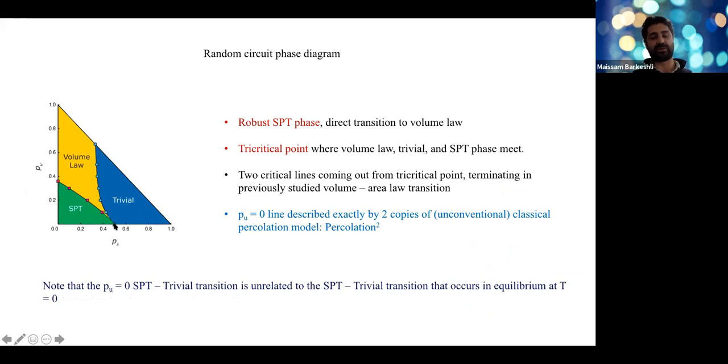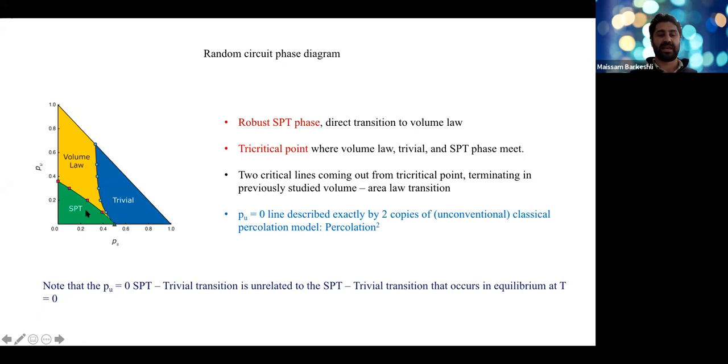There's a tricritical point over here where all three of them meet, and we have two critical lines coming out of the tricritical point. Ultimately, these critical lines end on this line over here, which is the volume law to area law transition that was originally studied a couple years ago by Matthew Fisher et al., by Adam Nahum et al., and so on.